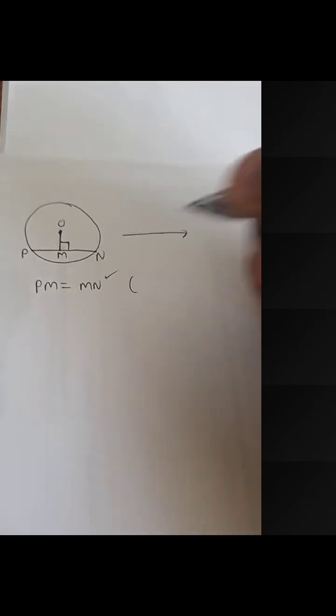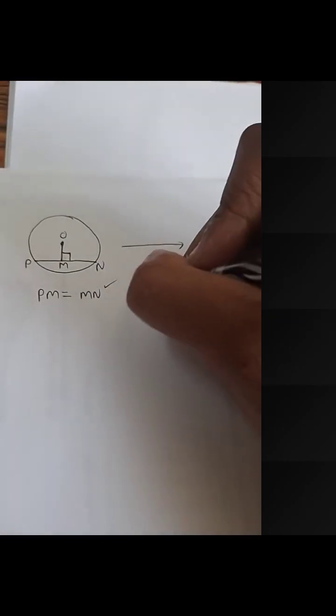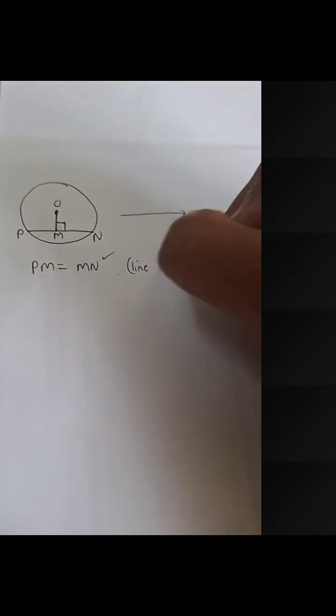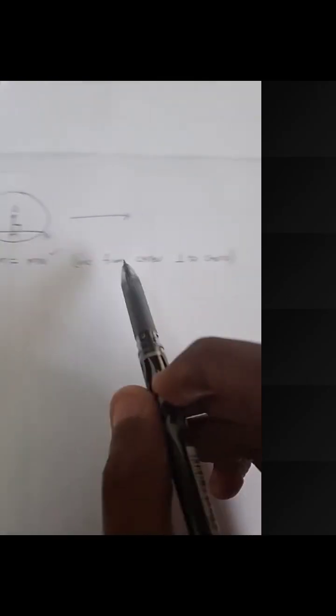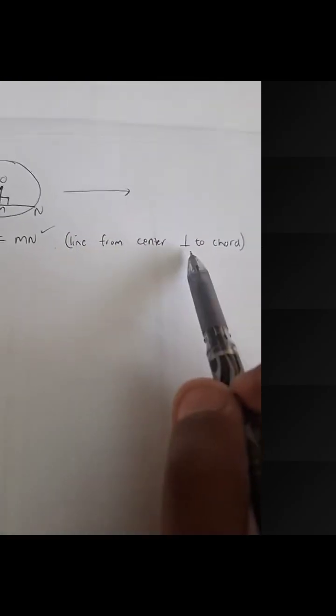And then all in all, what's my reason for saying that? The reason is contained in the diagram. The reason is line from center perpendicular to chord. That's the reason. So if I say PM is equal to MN, I have to provide a reason.